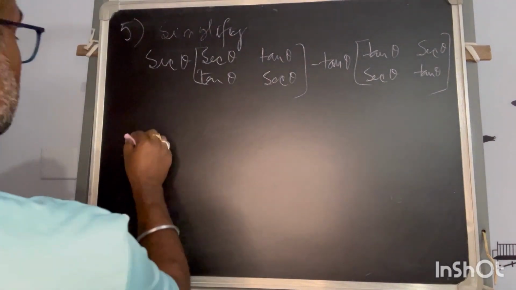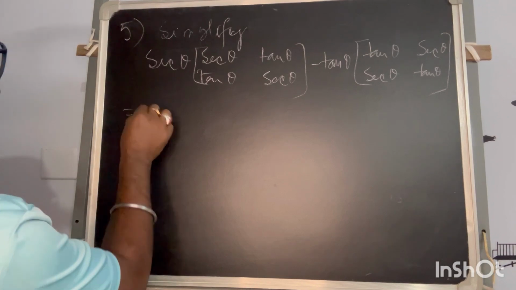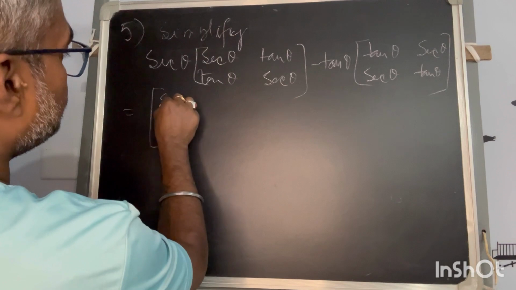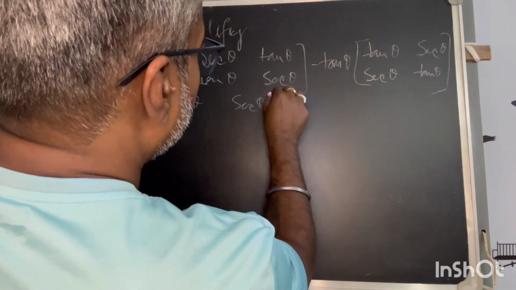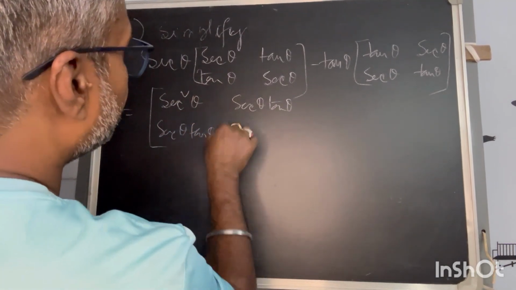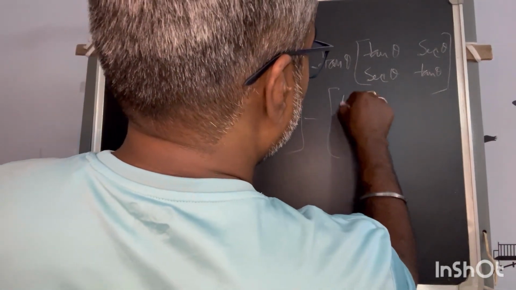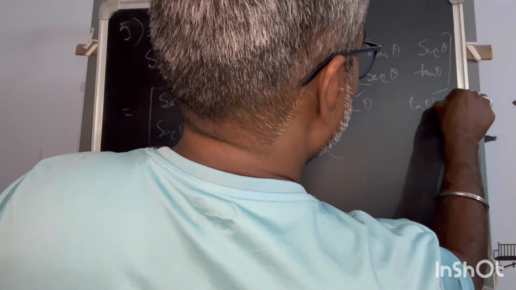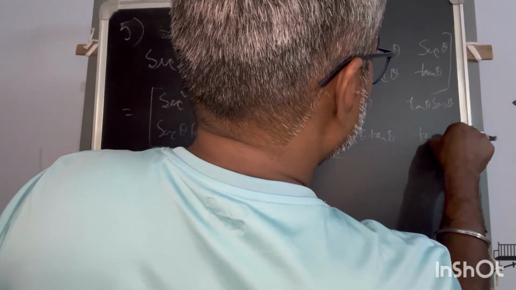This will also be solved depending on the trigonometric ratios. There is a specific ratio. But before that, we have to multiply. So this will become sec square theta, sec theta tan theta, sec theta tan theta. This will be sec theta tan theta again. This is sec square theta. Now minus, this tan will be multiplied there, tan square theta, tan theta sec theta, tan theta, and tan square theta.